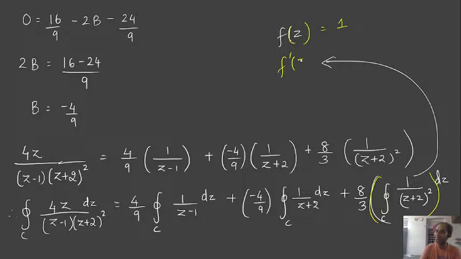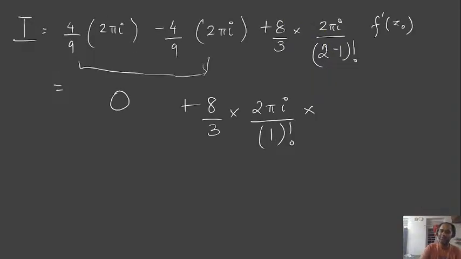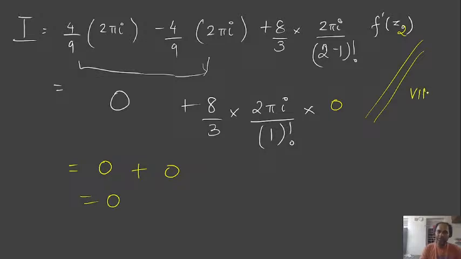If I take f dash of z, that is 0, and f dash of z evaluated at the point which is inside the circle, that is z equals minus 2, is obviously going to be 0 only, the derivative is 0. So evaluated at any point, that is going to be 0, so here it is 0, and my final answer is 0 plus 0, so the answer is 0 in this case. This is very important, please remember this part.